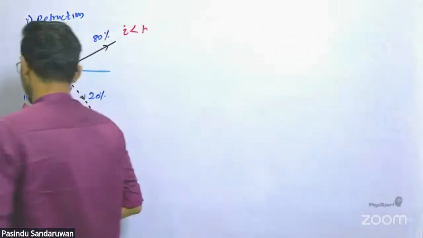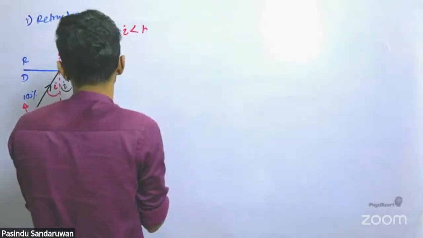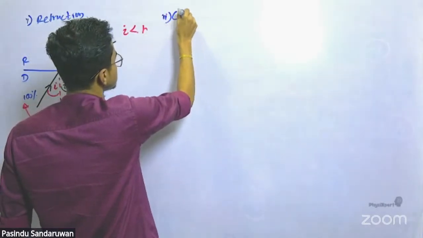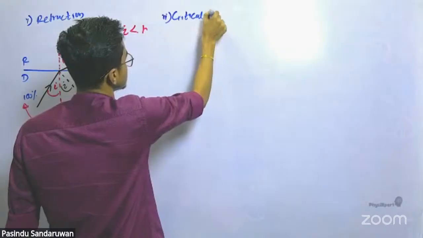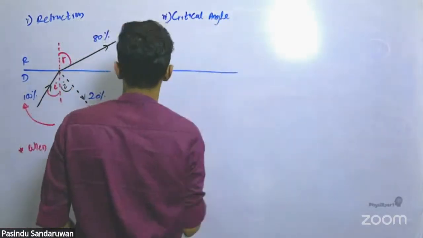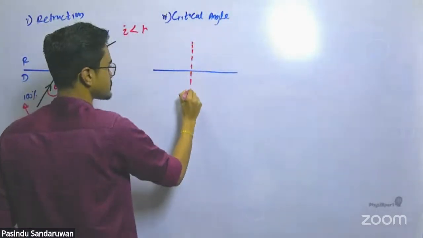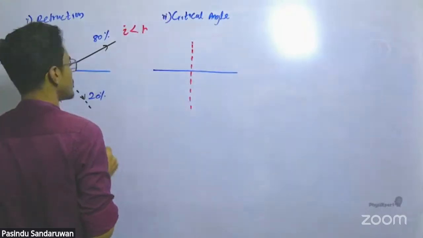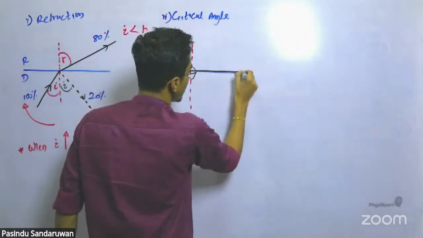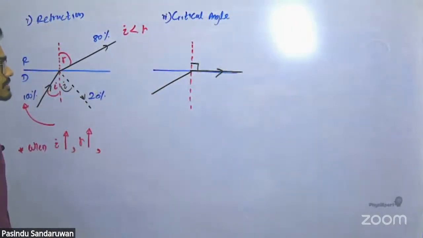At that exact point, we call it the critical angle. For some value of I, the angle of refraction becomes 90.